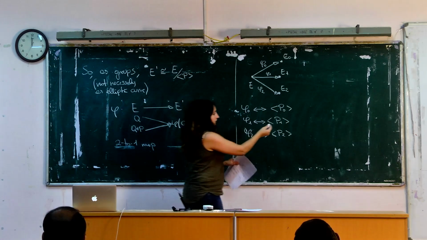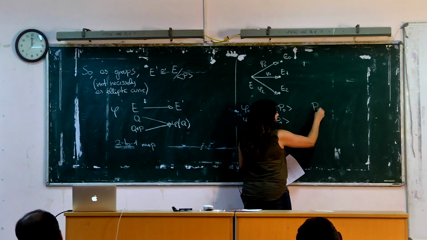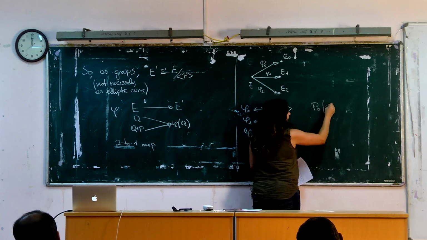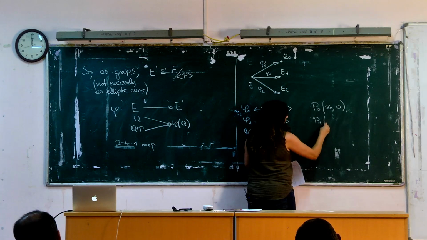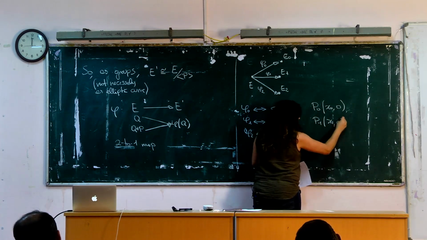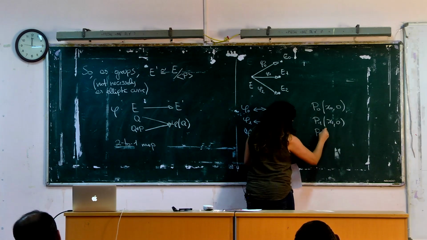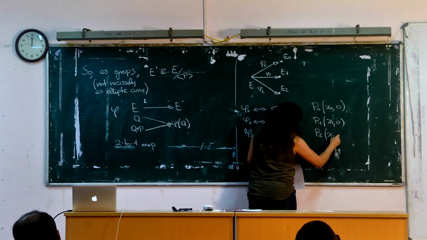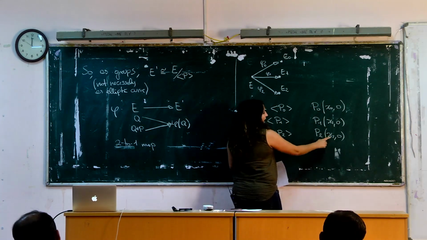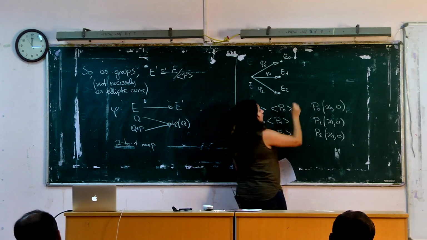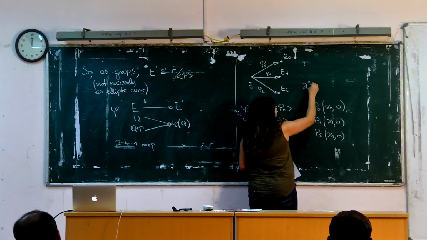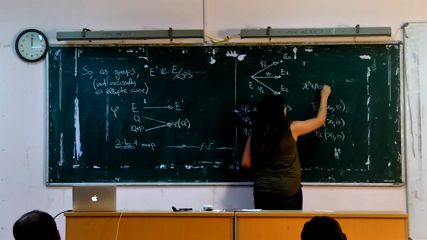And we know exactly the shape of these points. They are (x0, 0), (x1, 0), (x2, 0), where these x-coordinates are the roots of the polynomial x^3 + ax + b.